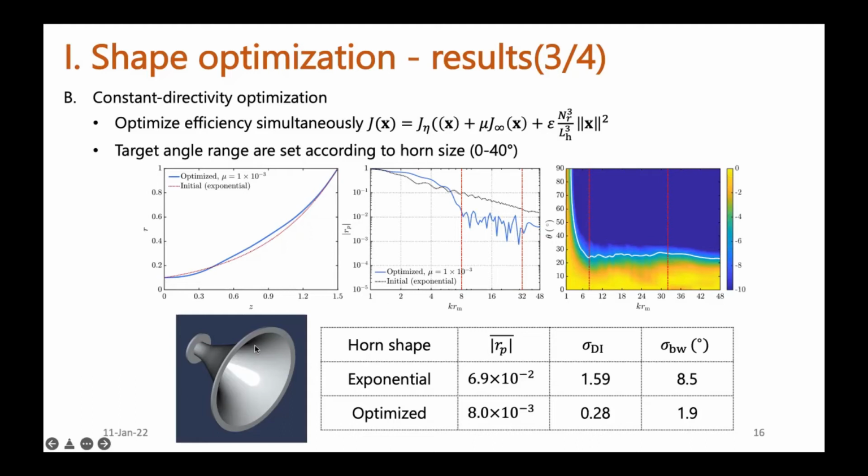And this table gives the average value of the reflection, the standard deviation of the directivity index, and the standard deviation of the beam width. We can see the decrease from the exponential horn.